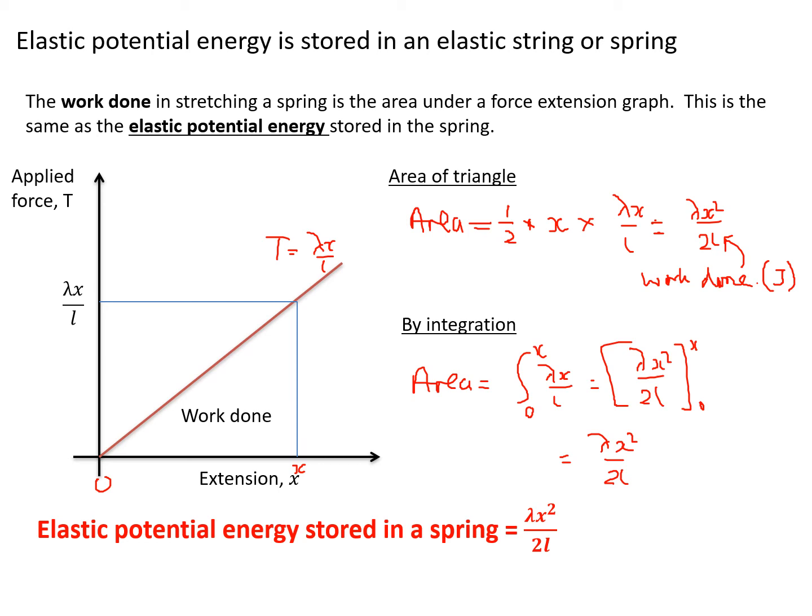Elastic potential energy, EPE for short, stored in a spring is lambda x squared over 2L. In other words, that is the energy needed to stretch a spring from where it is naturally to its extended length. Or it could be compressed from a certain point to a certain other point. Same thing applies. If you haven't got that down yet, then just pause the video and copy that down for your notes.